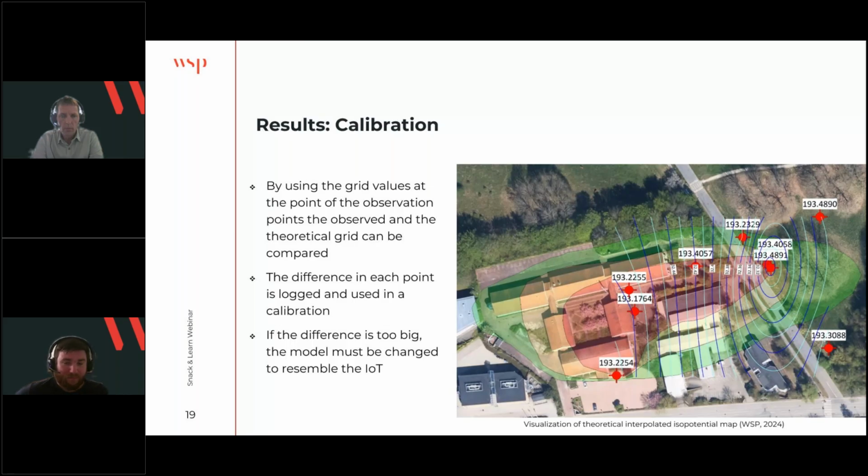And the difference in each of the points is used for the calibration. So we can change the transmissivity inside of the model and see how big the difference is between the observed and the theoretical one, and either validate the input or try a new data point and run the model again.